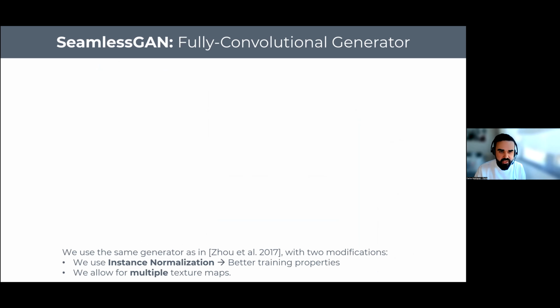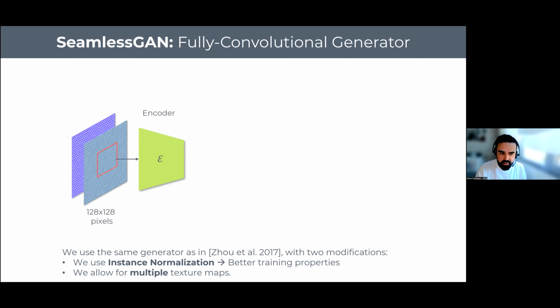SeamlessGAN has a fully convolutional generator, which receives as input a crop of the material and passes it through an encoder. This encoder reduces the spatial dimensions of the input by half. This goes through a set of residual blocks, which are just convolutional blocks with residual connections.